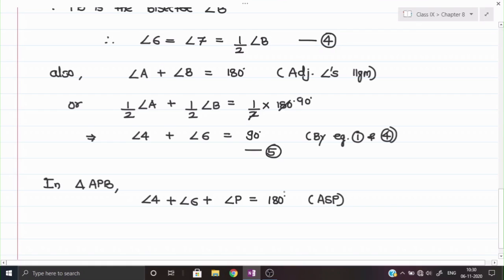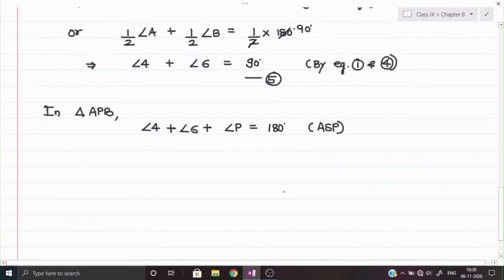Okay, now 4 plus 6 have here 90 degree, as you can see in the equation number 5. So this will be 90 plus angle P is equal to 180 degree. So we can say that angle P will be also equal to 90 degree. Here we can say the reason by equation number 5.